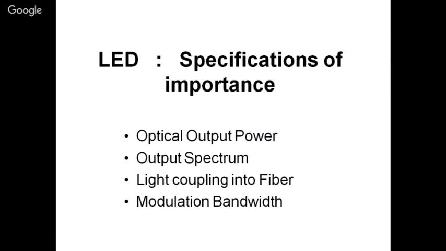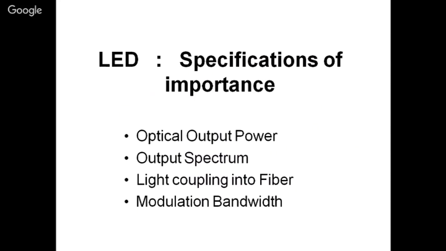Then what is most important in case of LED specifications is how much the optical output power is. It can be something like milliwatts because the current is 100 milliamperes maximum.